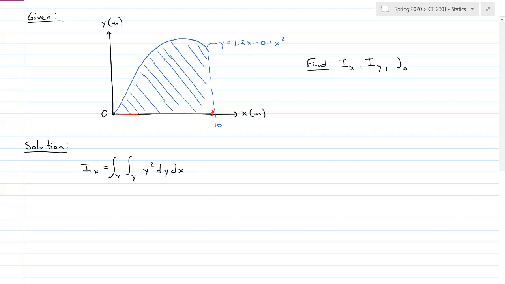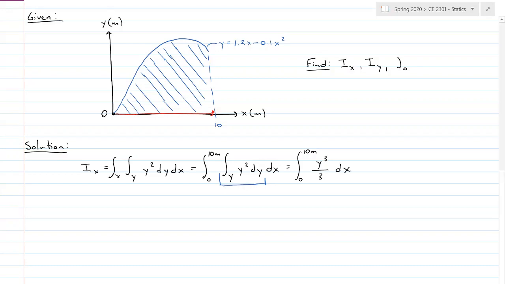Now x is the one that we have. The distances for us are going to be 0 to 10 meters of the integral of y squared dy dx. Now if we integrate this first inner piece, the integral of y squared in terms of y, we are going to get 0 to 10 meters of y cubed divided by 3 dx.